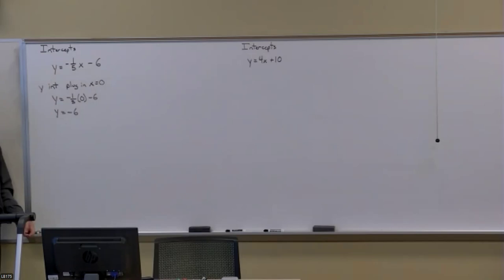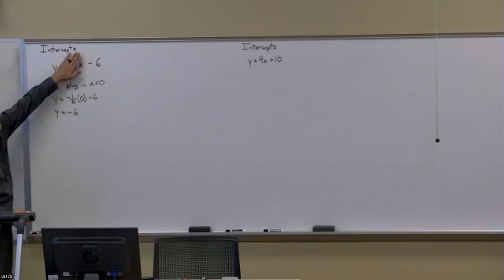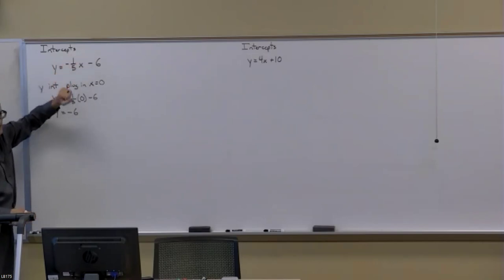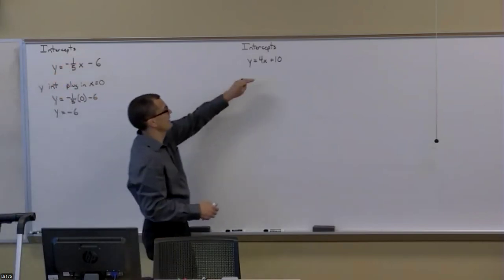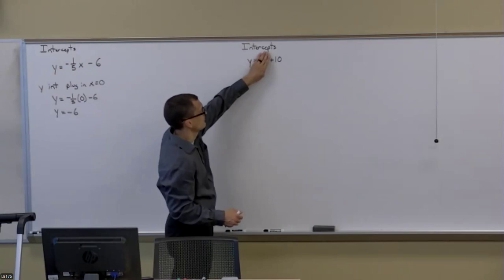Because whenever you plug in 0 for x, that first term goes away and you just get y equals -6 in this case. In this case, when you plug in 0 for x, you'll get y equals 10.